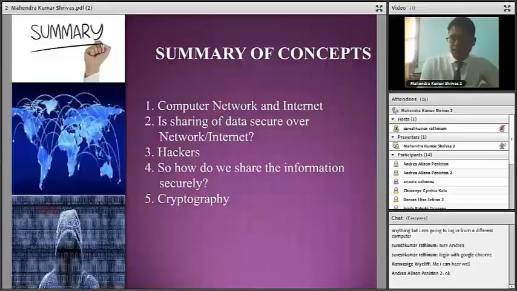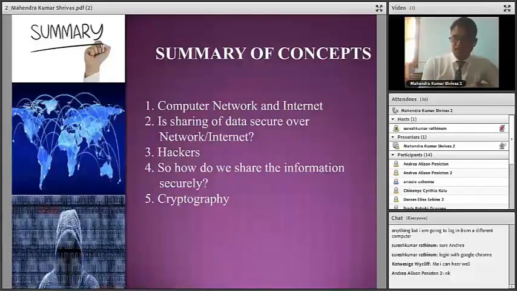So that is cryptography. In cryptography, we change the data into a different format, and then we send it to the target audience or recipient. They have some kind of conversion mechanism by which they can get the original message.